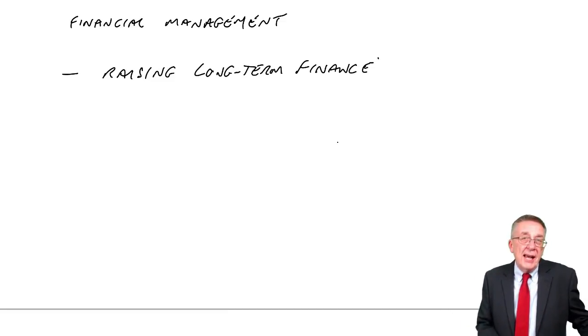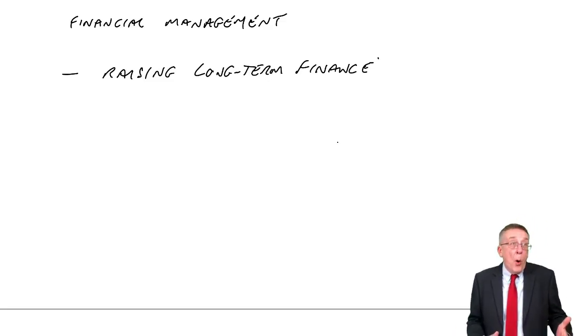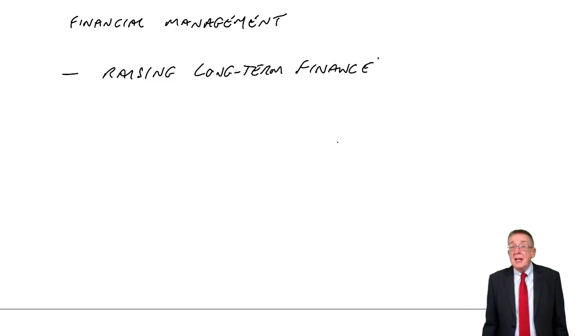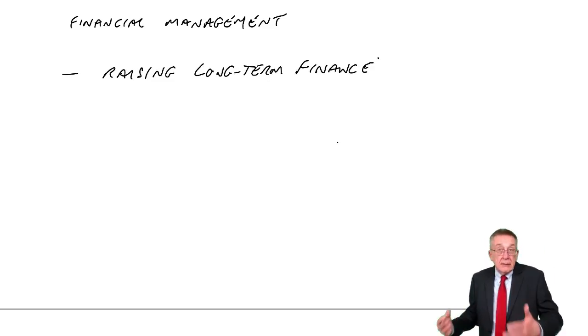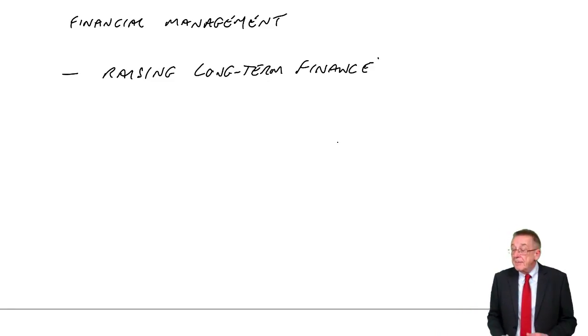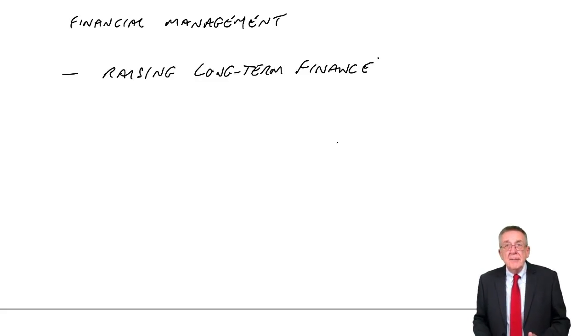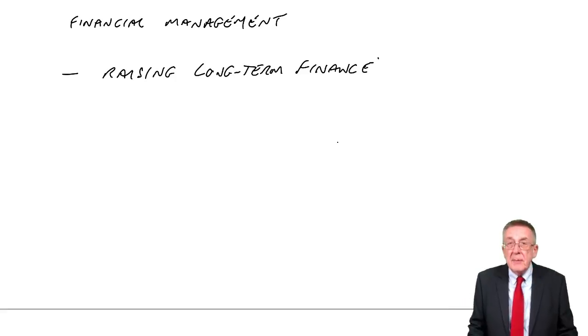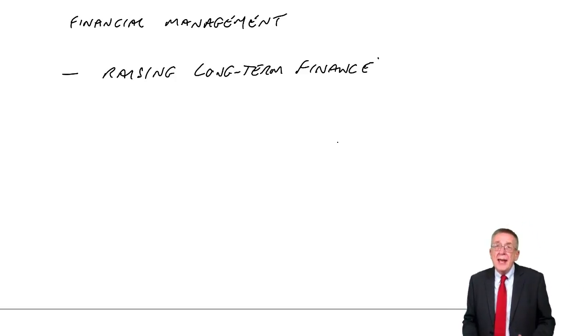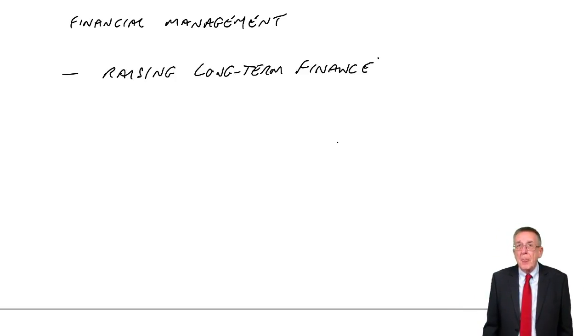We can raise money from shareholders, issue shares, or we can take out long-term loans. Well, again, we'll cover it all in later chapters, but you are expected to know about different ways of raising money, different ways of getting money from shareholders, different ways of taking long-term loans.